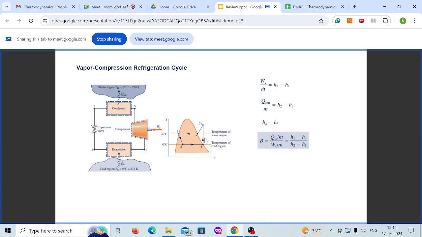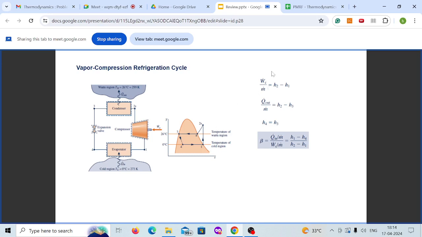So it's a refrigerator. 1 to 2 is a compression process, 2 to 3 is condensing, 3 to 4 is isenthalpic expansion, and 4 to 1 is again heat addition. So isentropic process, isobaric, isenthalpic, and then isobaric.